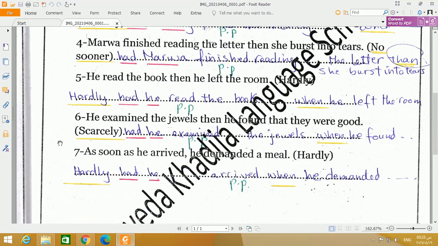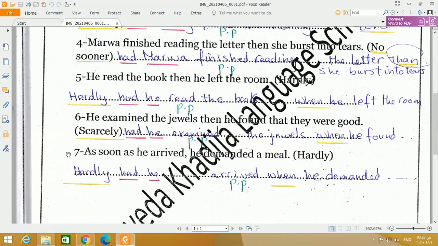Okay, number seven, the last one, we need hardly. As soon as he arrived, then he did what? What is the second action? He demanded a meal. He ordered a meal. Hardly had he arrived when he demanded a meal.